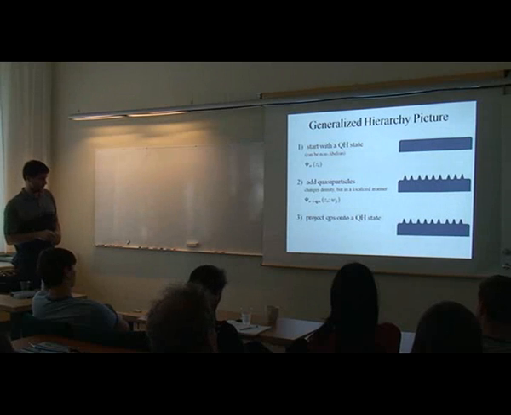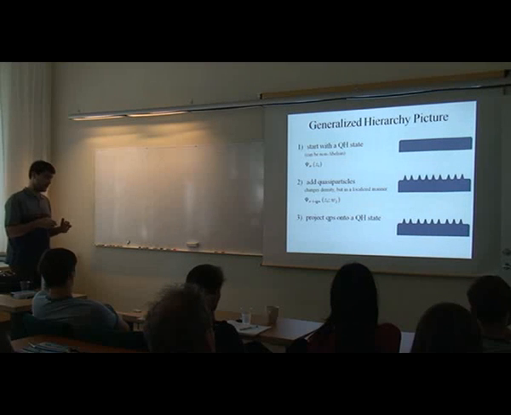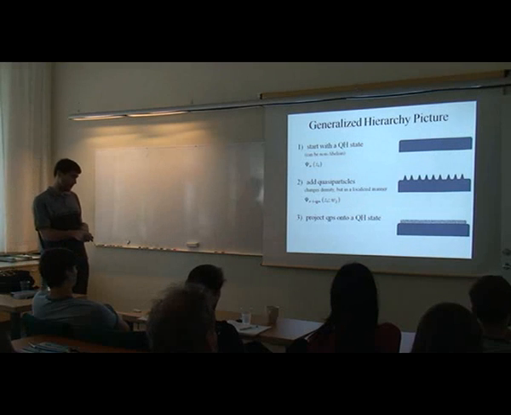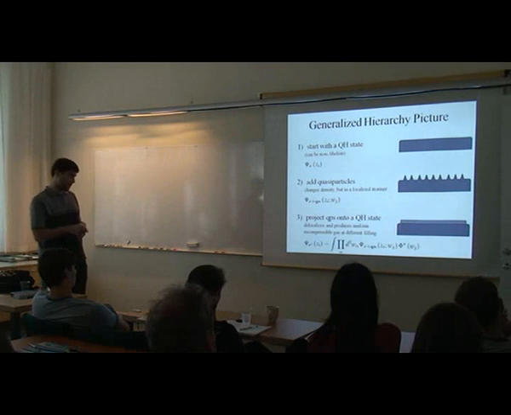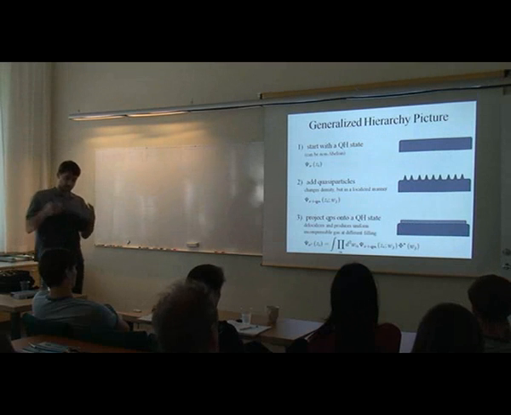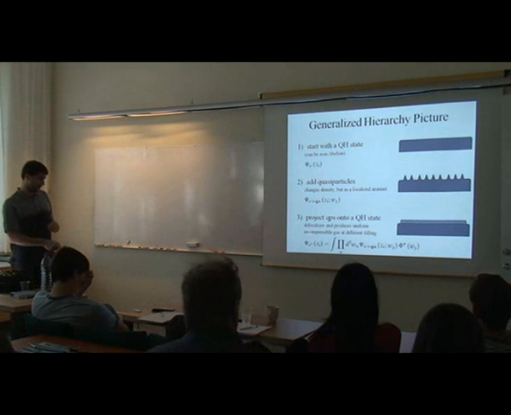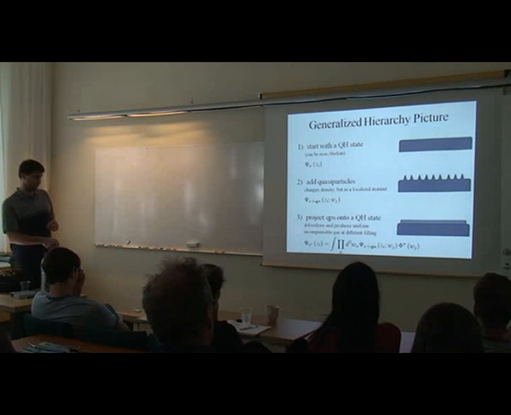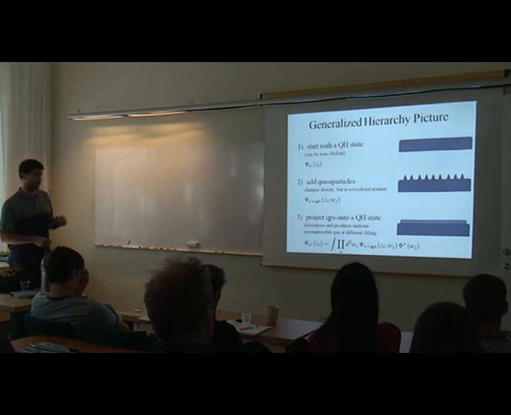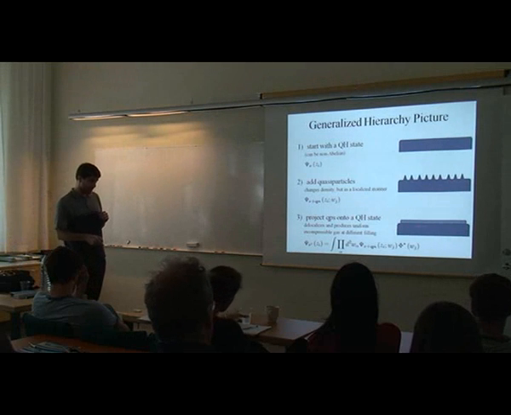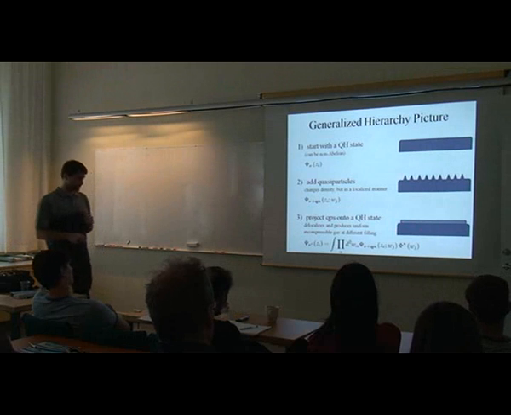The next step is to project these quasi-particles that you've introduced onto a new quantum Hall state. In particular, you want this to be a good incompressible state, so that you delocalize these quasi-particles and produce a uniform incompressible gas at a new filling fraction.